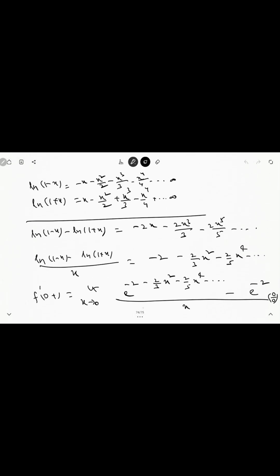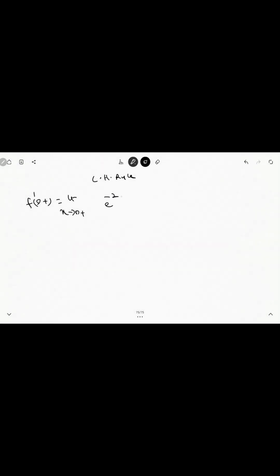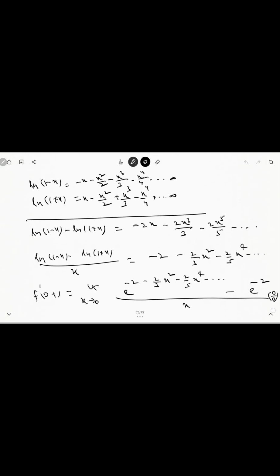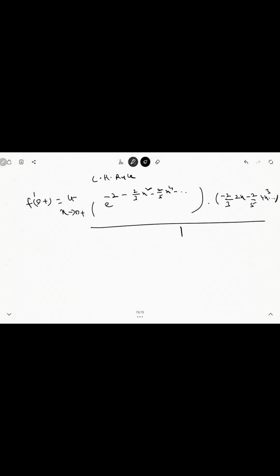So by L'Hopital rule, f dash 0 plus is equal to limit x tends to 0 plus of the derivative of e power something, which is e power the same thing, and then the derivative of that something: minus 2 derivative is 0, and minus 2 by 3 x square derivative is minus 2 by 3 into 2x, like this.